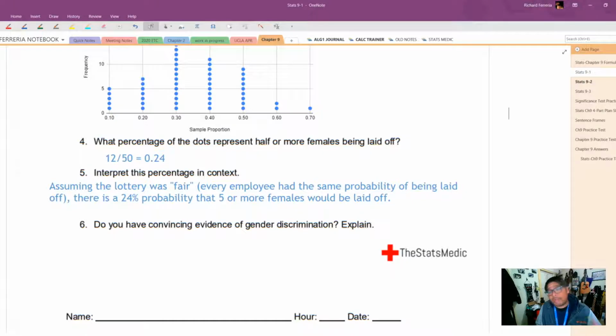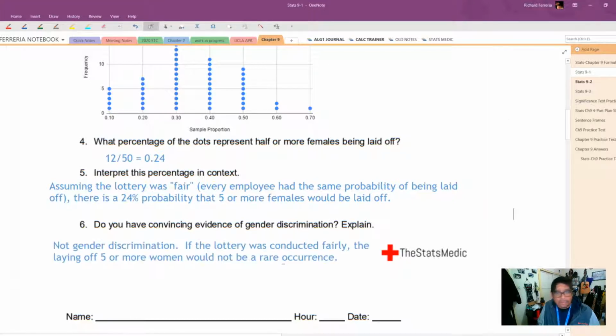Either our assumption of a fair lottery was off, or we just happened to get a freak sample. Considering we have a 24% probability, I don't think that's very rare. So if the lottery was conducted fairly, then laying off 5 or more women wouldn't be a rare occurrence. So if it's not a rare occurrence, then we couldn't say for sure that this was gender discrimination.